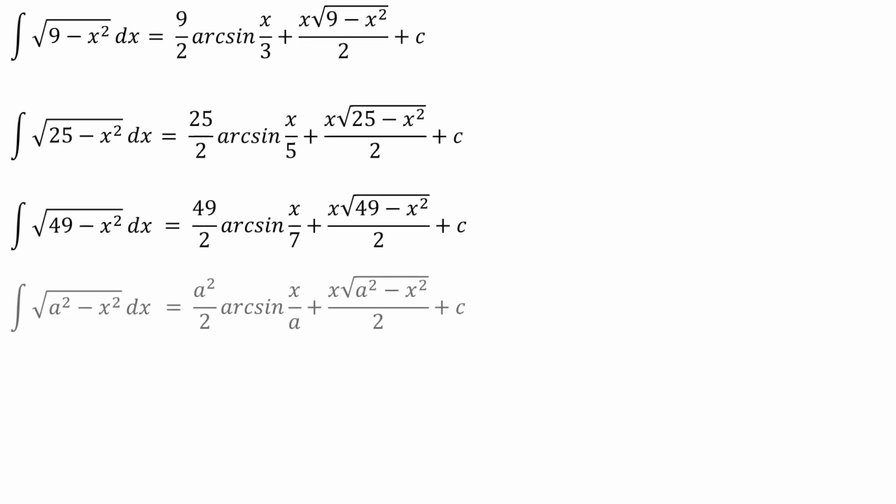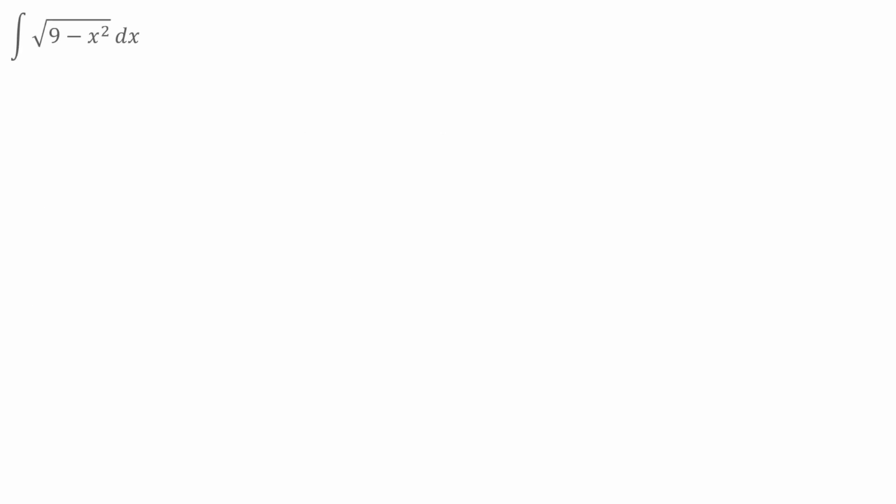So anytime we see an equation in that format, we know what's going to happen. We're going to have a squared over 2 times arc sine of x over a, plus x times the square root of a squared minus x squared, all over 2, plus a constant. So let's hang on to that.